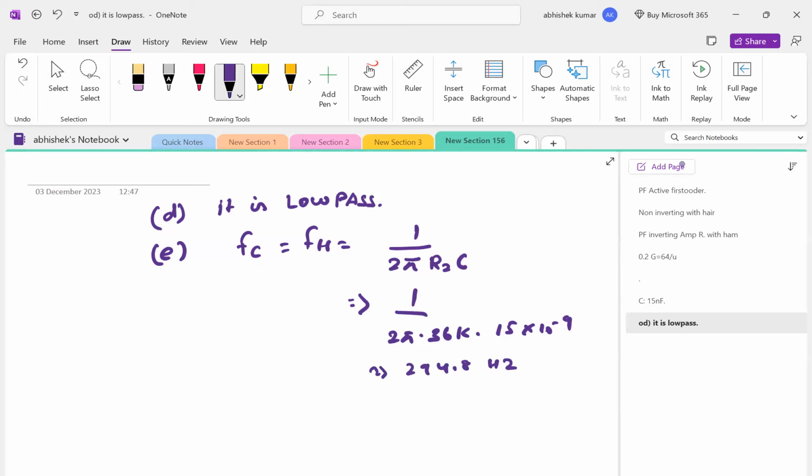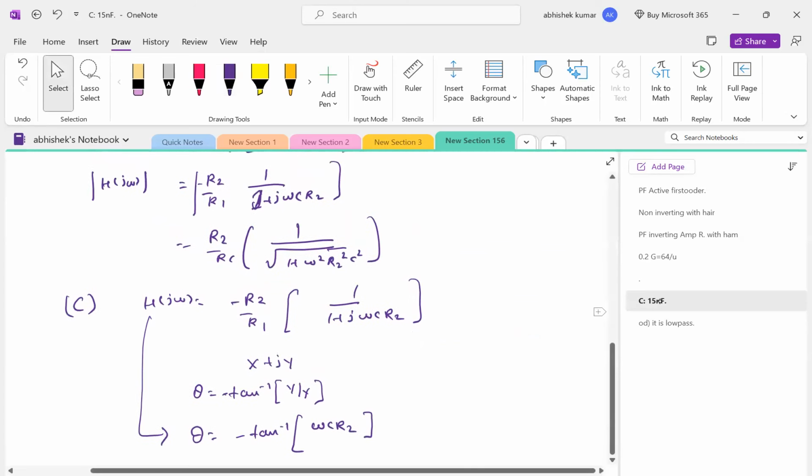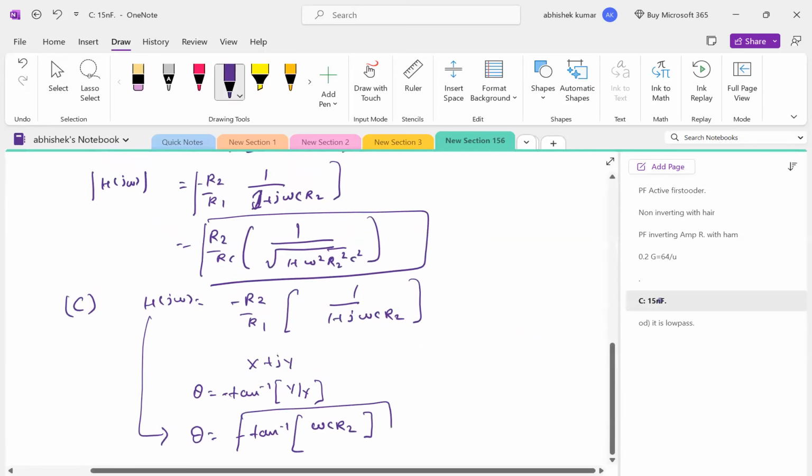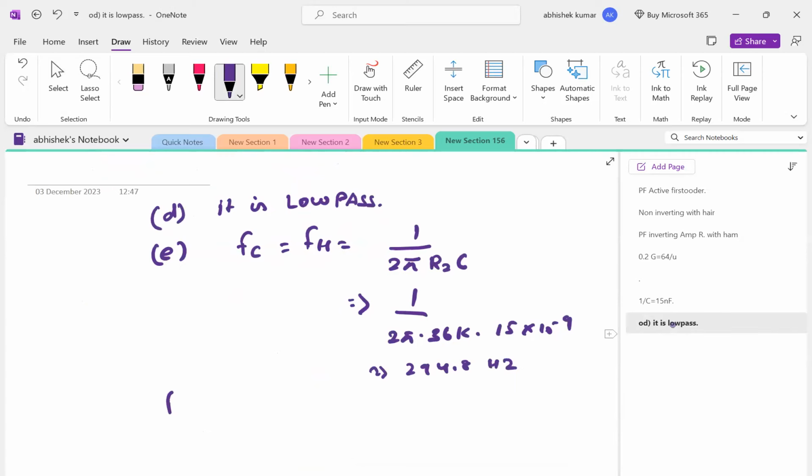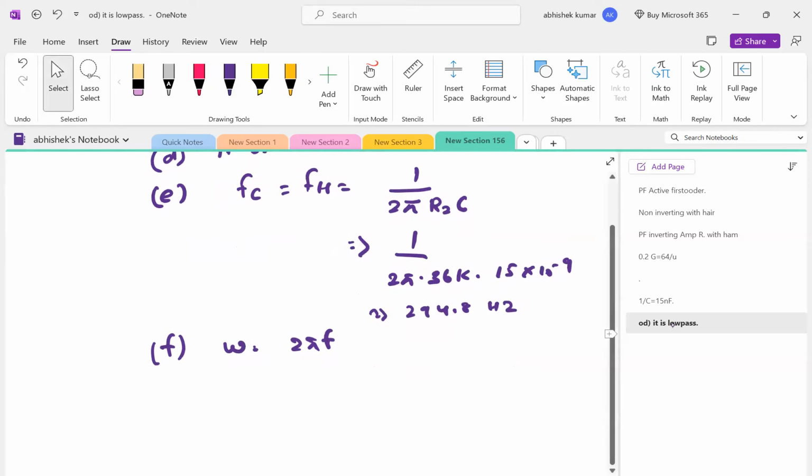Now for F part. F part is nothing. You just have to pick up these values: this one, R2 by R1, and this one, and put every value of omega. Omega you have to put as 2 pi f, and for each frequency you can find the gain.